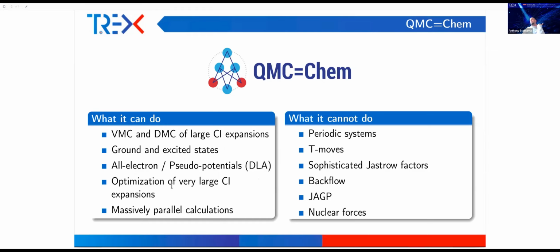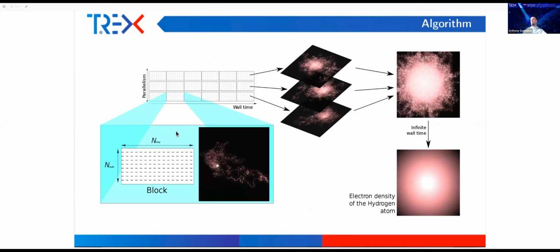It can also optimize very large CI expansions in the presence of a Jastrow factor, and it's well adapted to massively parallel machines. What it cannot do: periodic systems, T-moves with pseudopotentials, sophisticated Jastrow factors, backflow, JAGP, nuclear forces. All this it cannot do, but it can do this part very well.